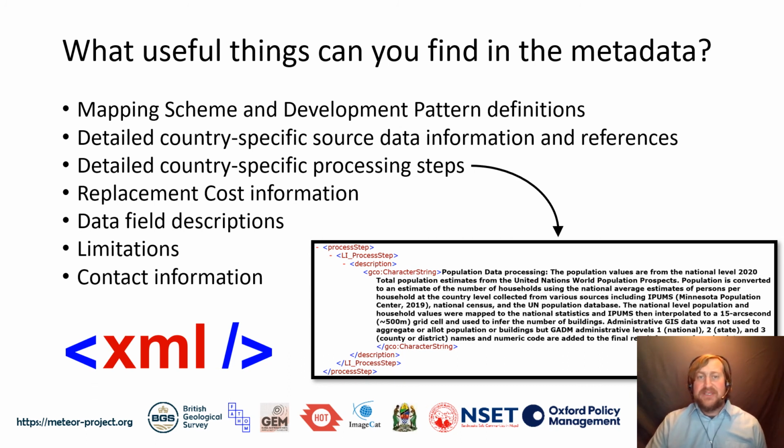Like I mentioned, this gives an explanation of how the replacement cost was determined and includes specifics about replacement costs for the different development patterns. And beyond that, we have more standard information that might be useful, such as easily understandable descriptions of the different data fields, limitations on how the data can meaningfully be applied, and contact information to get in touch with the team for any other questions.